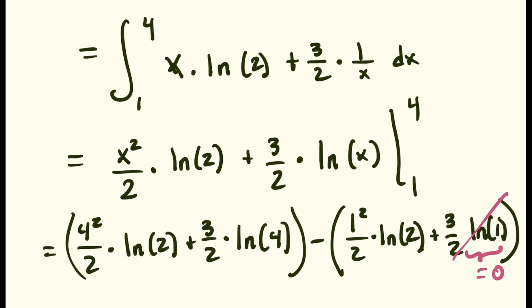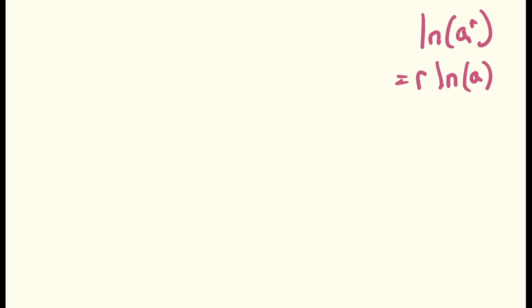We're going to do a little bit more here to make things easier, to wrap this up, because this looks like a natural log of 4, and the natural log of 2's we can pull together, but what about that natural log of 4? We're actually going to pull that in, because if you recall, if you have natural log of a to some power, you can bring your power down front, and we're going to use that information there.